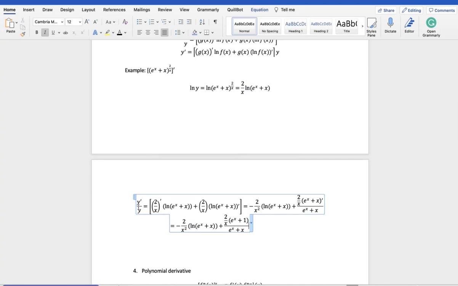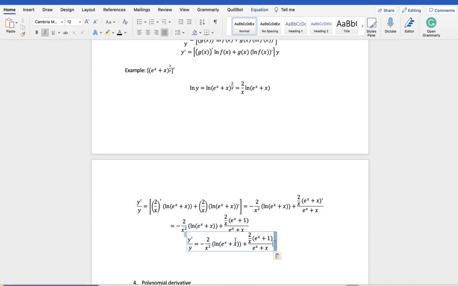So now that you have this, you can multiply by y on both sides, right? If you multiply by y on both sides, on the left-hand side you're left with the derivative of y, and on the right-hand side you have this entire thing here multiplied by y.